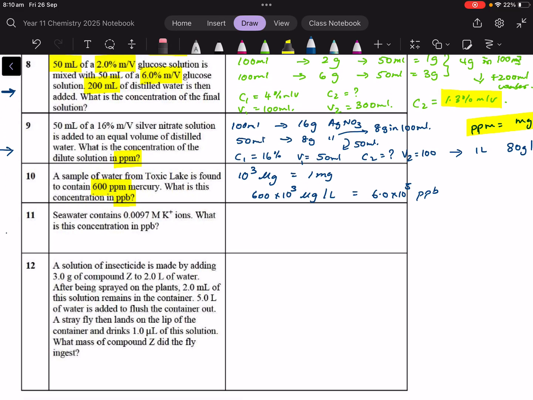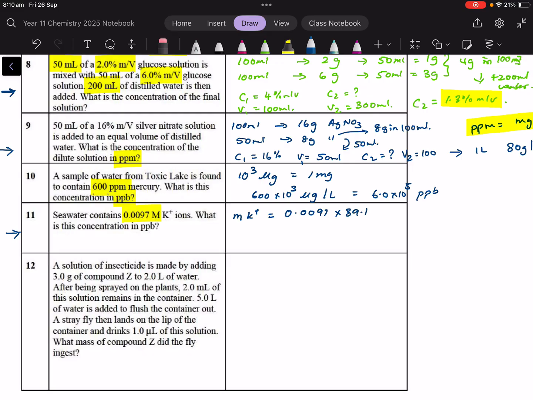So seawater contains, this question is interesting, seawater contains these many moles of potassium ions. What is the concentration in parts per billion? We're going to have to convert that mole into grams of potassium. So you're going to have to go, mass of K+ ion should be equal to moles, which is 0.0097 multiplied by the molar mass of potassium, which is 39.1.